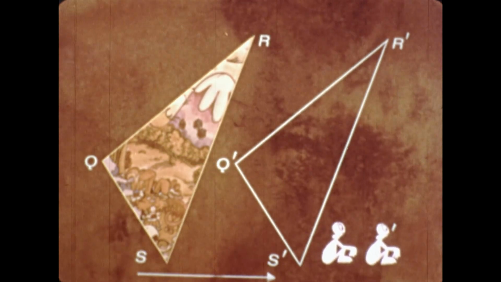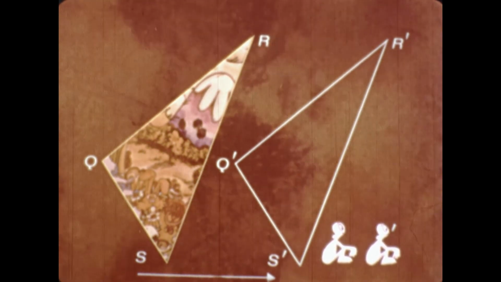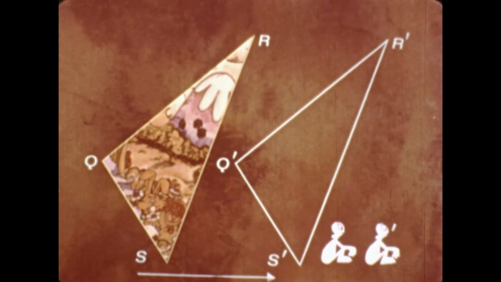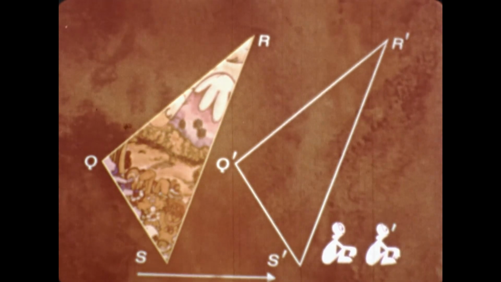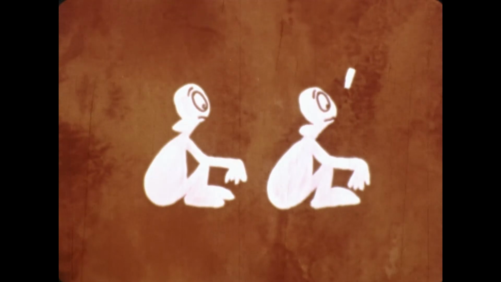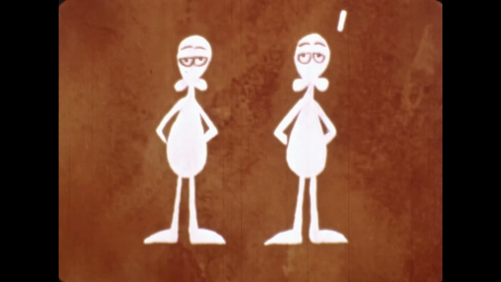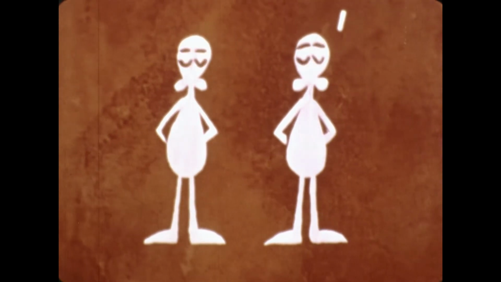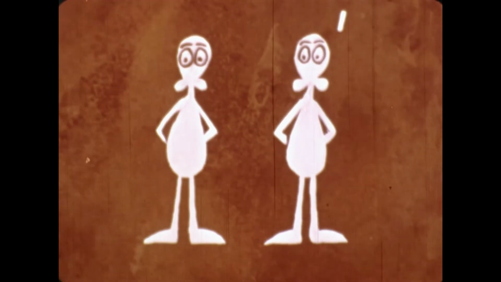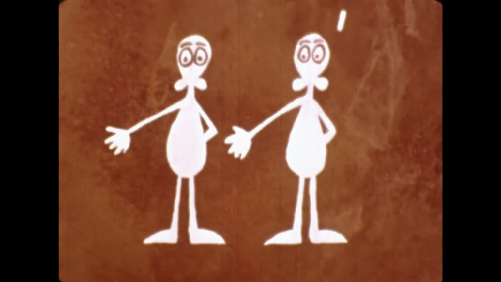To be specific, a translation preserves distance, takes lines into parallel lines, and figures into congruent figures. In contrast to a reflection, a translation sends clockwise motion into more clockwise motion.